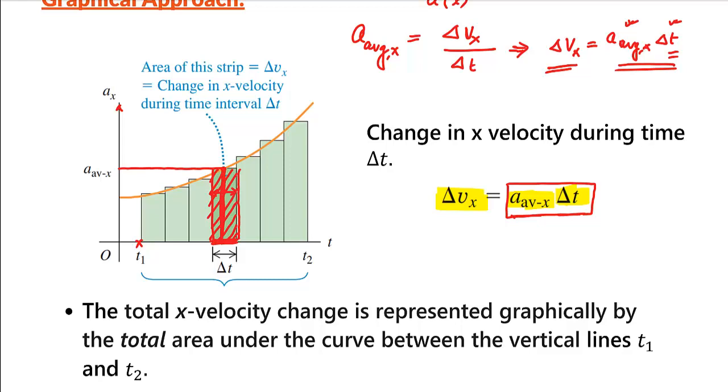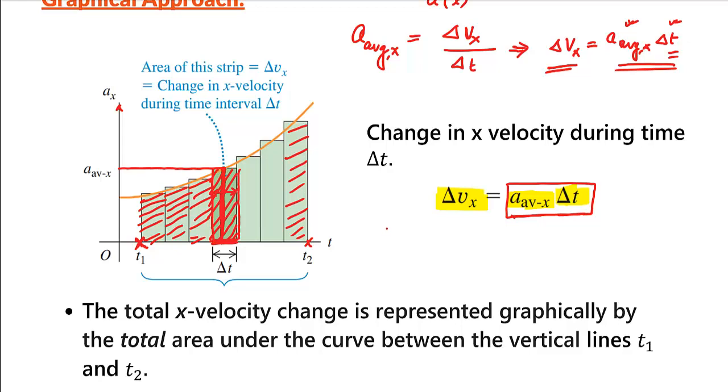Now if I want to calculate the change in velocity from time t1 to time t2, how will we do that? The idea is again the same. We calculate all these areas: this area plus this area plus this area and finally plus this area. If you calculate all these rectangular areas and sum them, then you can calculate the change in velocity between time t1 and time t2.